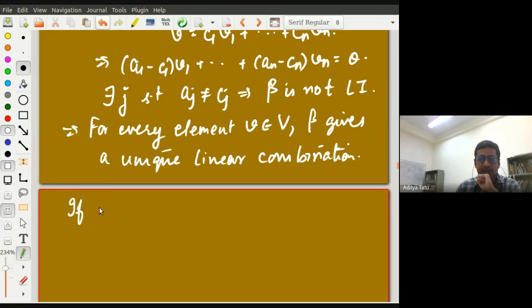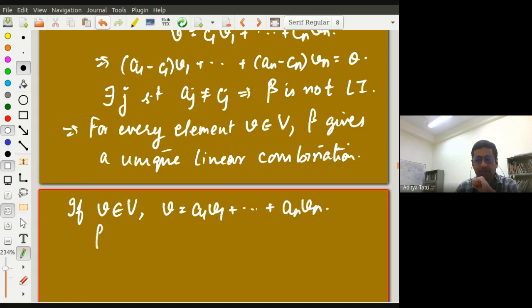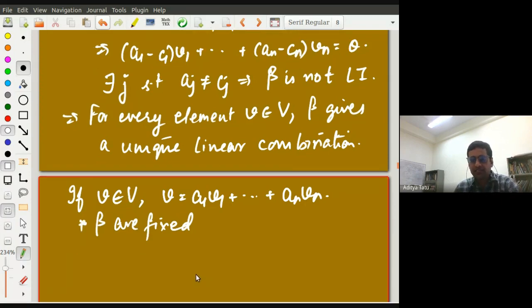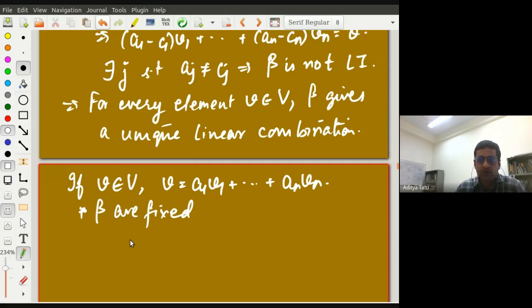So then, if for a particular element v I have this linear combination in terms of the bases, we can assume that the bases beta are fixed. You can arbitrarily choose beta, but once you have chosen, I'm going to assume that beta are fixed. In that case, if I want to represent or communicate this vector v, instead of writing this vector, I can also just give you the list of scalars.